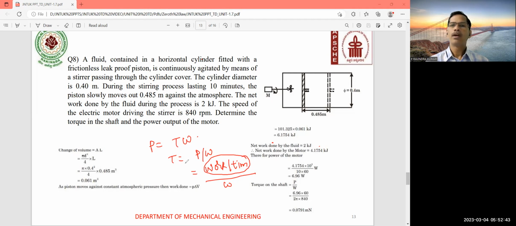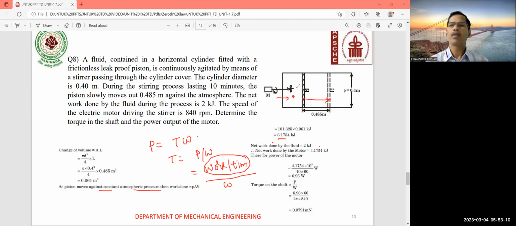What is the power? The net work done here: when you are doing the work on this system, the piston is going to move from the left direction to the right direction. In this case, the piston moves against the atmospheric pressure, so that is 6.175, the work done by the fluid.